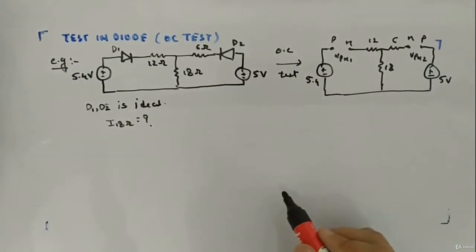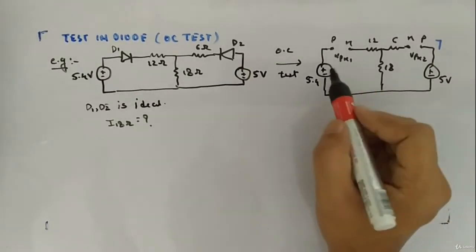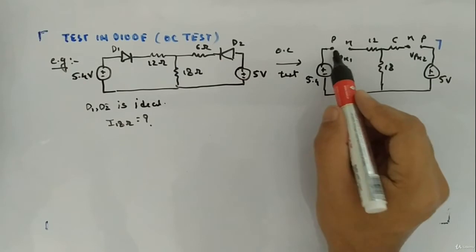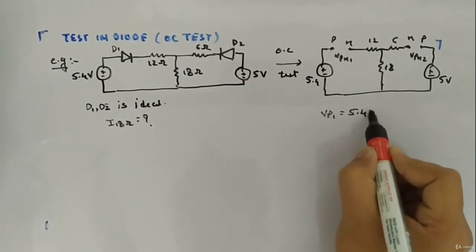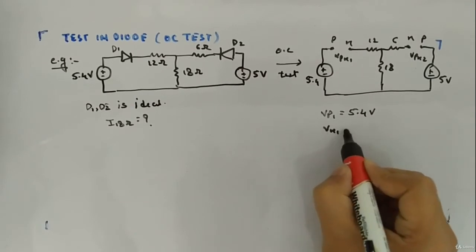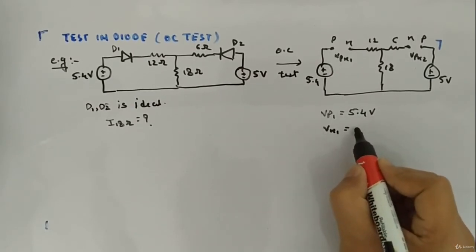This is how it will look. Since you can see here, this diode is connected to P, VP1 is 5.4 volt and VN1 is equal to 0 volt.